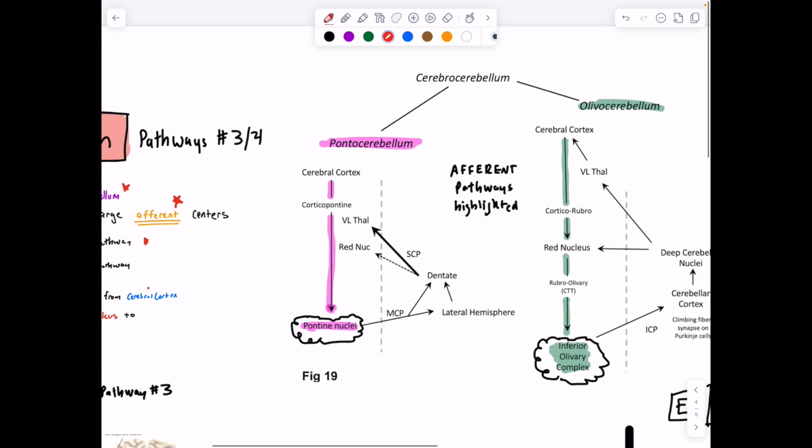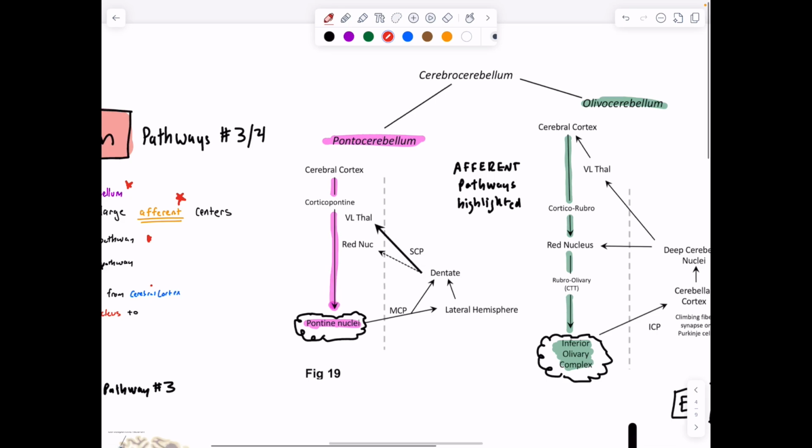All right, so this is getting gnarly, but we have pontocerebellum, and pontine, P for planning and sequencing movements, and then olivocerebellum. This is going to be refinement. Okay, so cerebral cortex to the pontine nucleus. The pathway you go through is the axons, we call those the corticopontine.